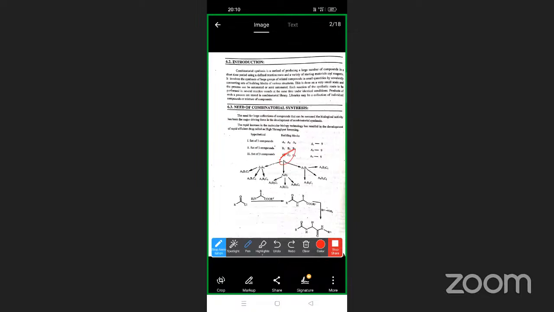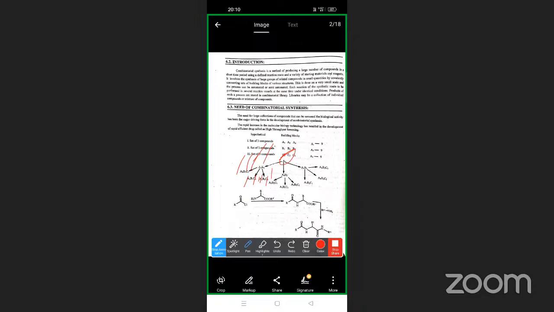When it is combined with the B type, it becomes A1 B1, right? And when that is further combined with the C type of building block, it becomes A1 B1 C1. When you add C2 to A1 B1, it becomes A1 B1 C2. And when you add C3, A1 B1 C3.